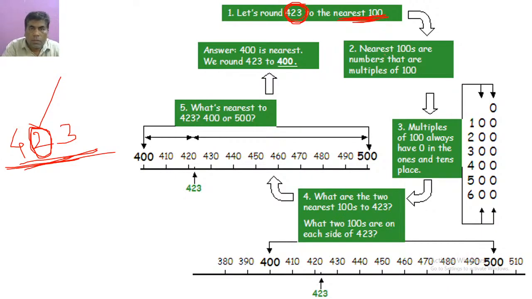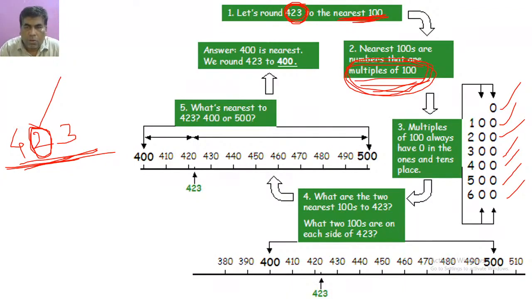Next. As they asked for the nearest hundreds, we have to take multiples of 100, like 0, 100, 200, 300, 400, 500, 600. You will observe that in the ones place and tens place, all these numbers have zeros. So these are the nearest hundreds.